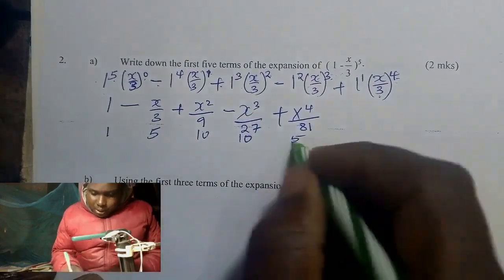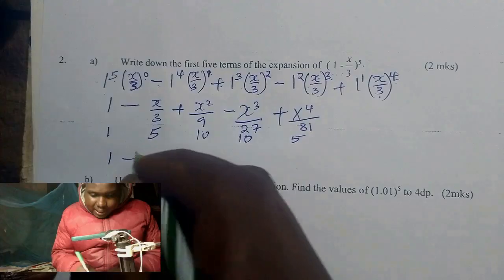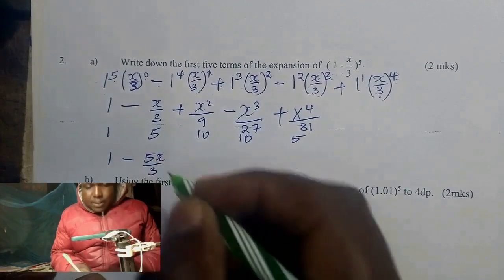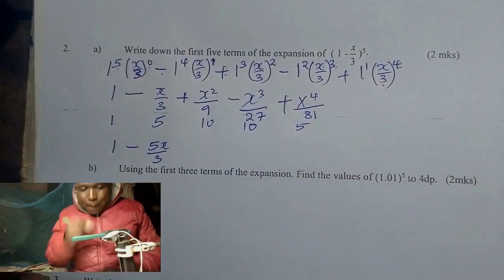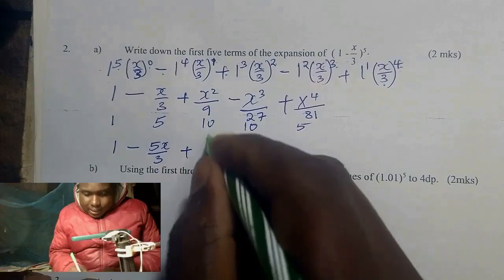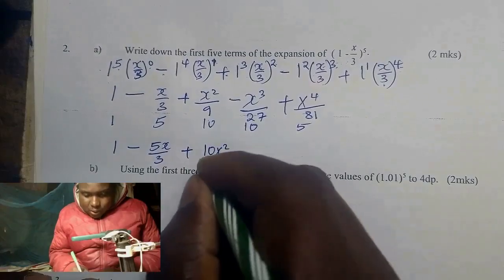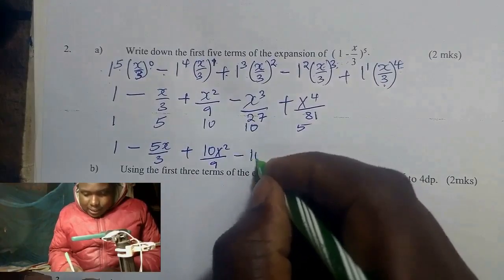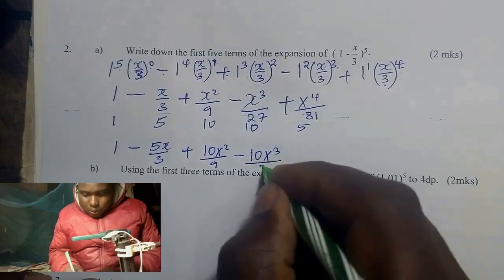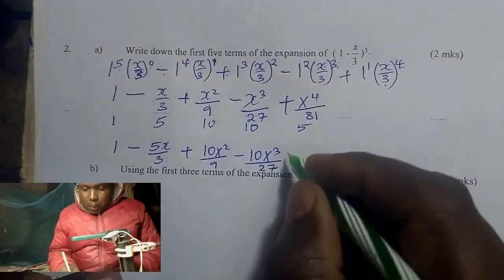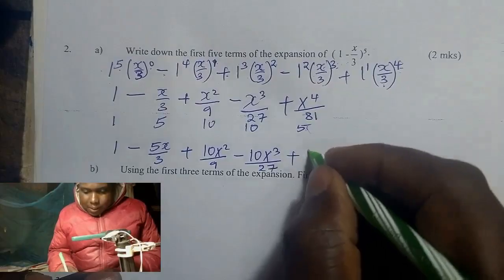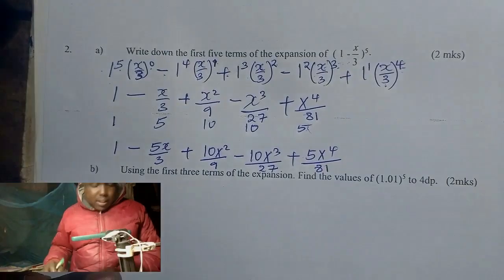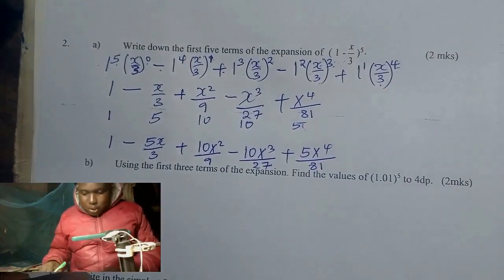So the final expansion is 1 minus 5x over 3, plus 10x squared over 9, minus 10x cubed over 27, plus 5x raised to power 4 over 81, and that is the expansion.